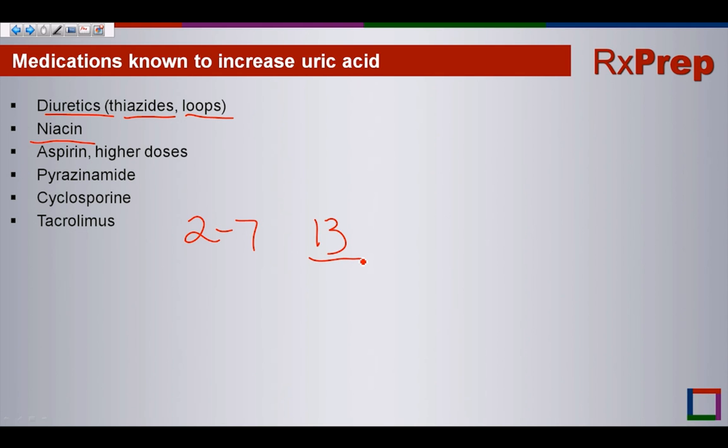And the way you might be able to prevent a gout attack for a while is maybe the patient could get off of one of these drugs. So you'll have to think about that. But eventually, unless the patient passes away from something else, they will get a gout attack because the uric acid is high.